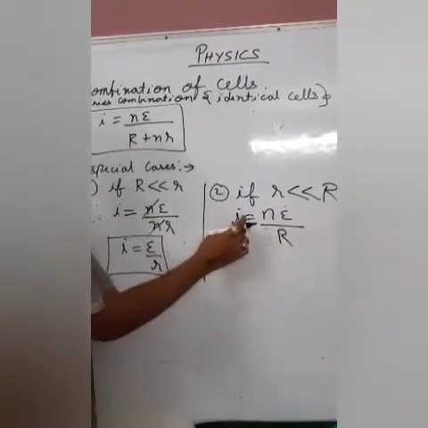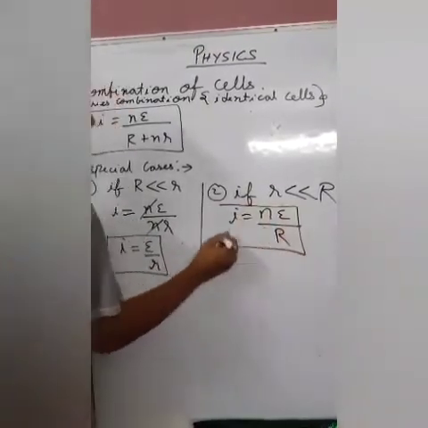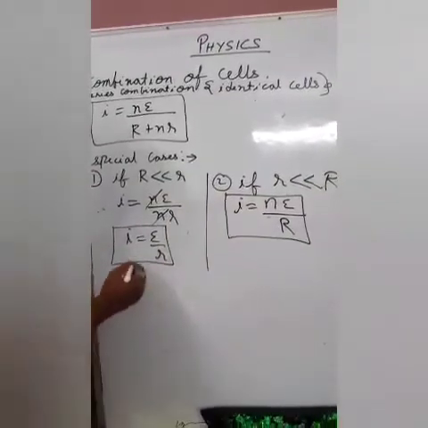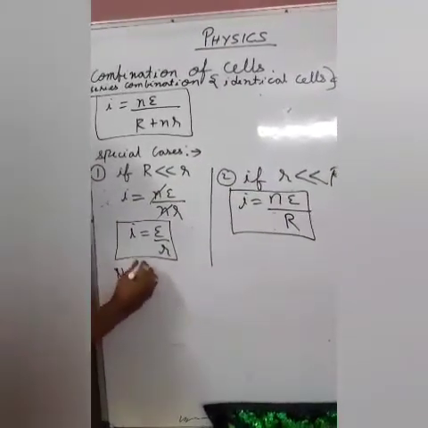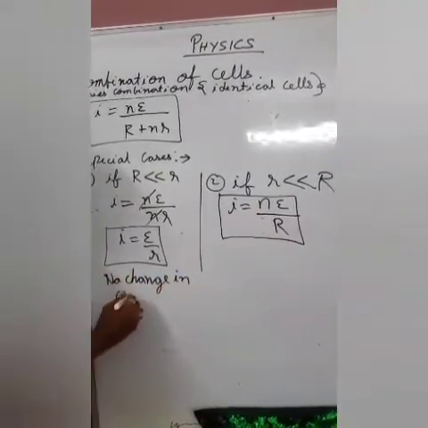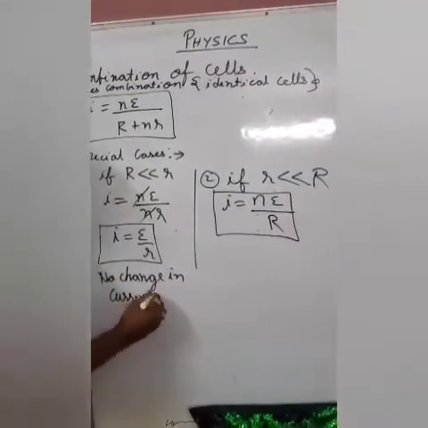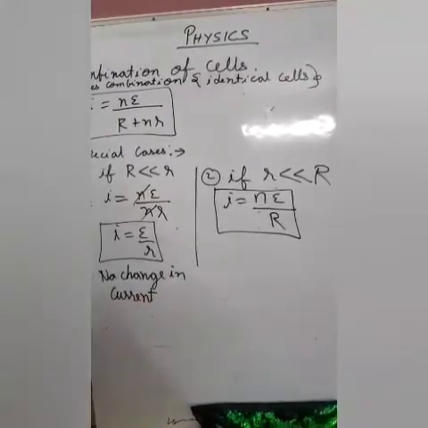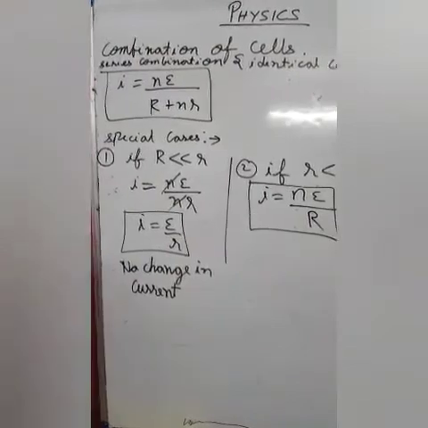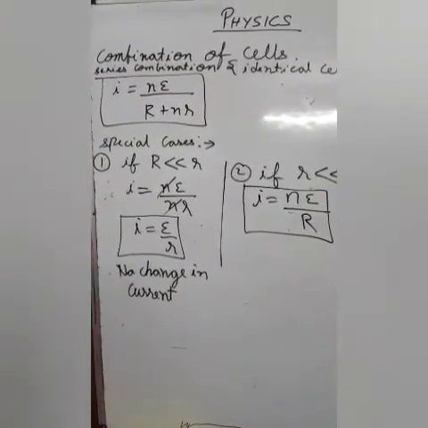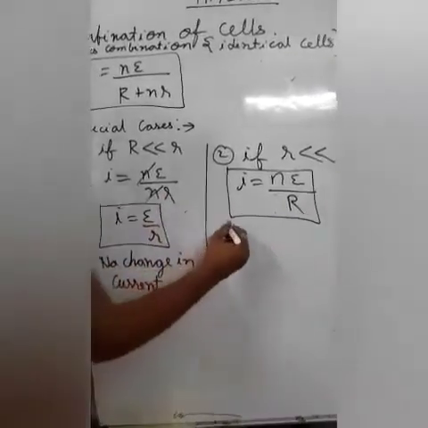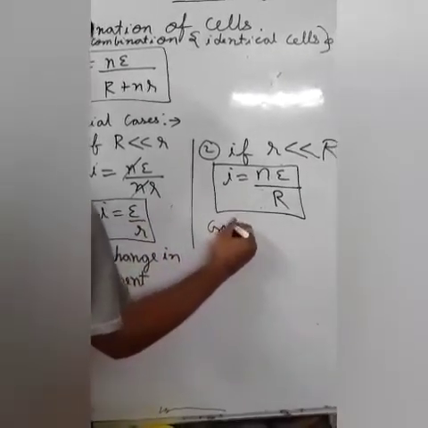So we experience a gain in the current as per the circuit. In the first case there is no change in current, irrespective of how many cells we have used. Now over here we will experience gain in current.